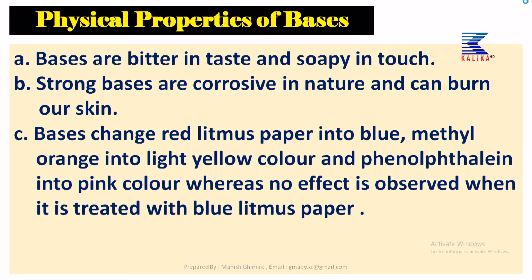The third point is there: bases change red litmus paper into blue, methyl orange into light yellow color, and phenolphthalein into pink color, whereas no effect is observed when it is treated with blue litmus paper. Just have a look here once.